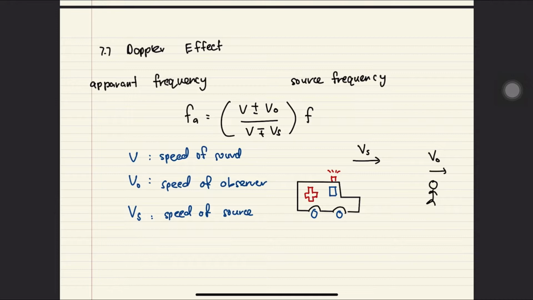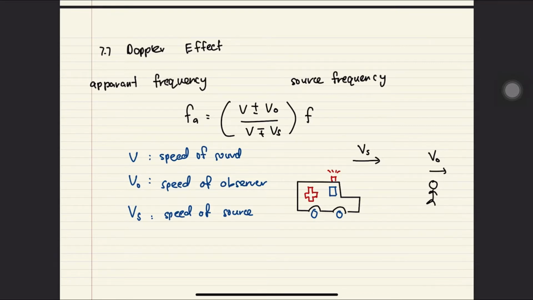You have to think back about logical things that happen every day. Let's say you are stuck in a traffic jam, and an ambulance is coming towards you on the opposite side, which is not jammed. As the ambulance moves towards you, you hear the frequency of the source higher.